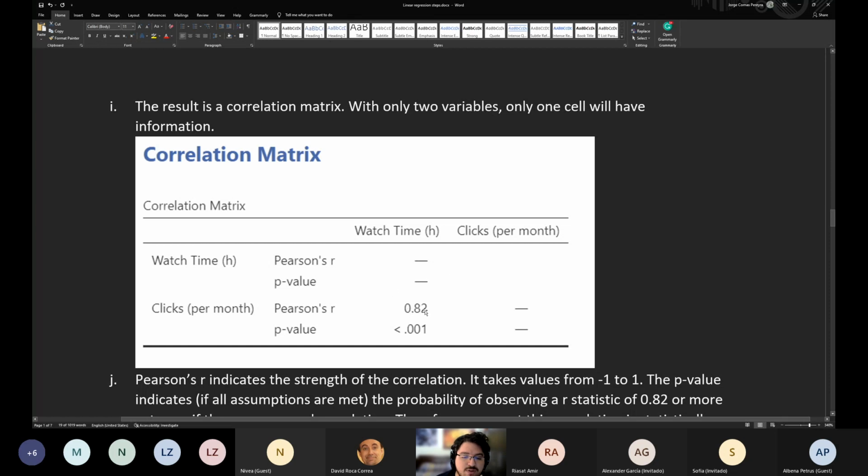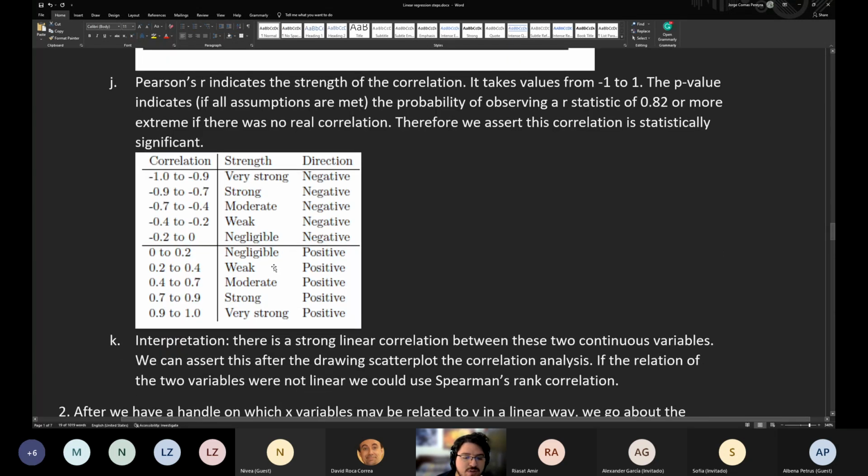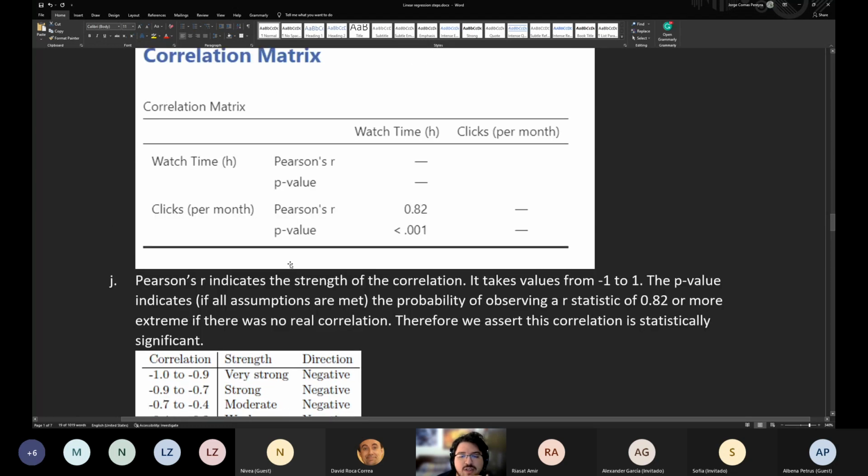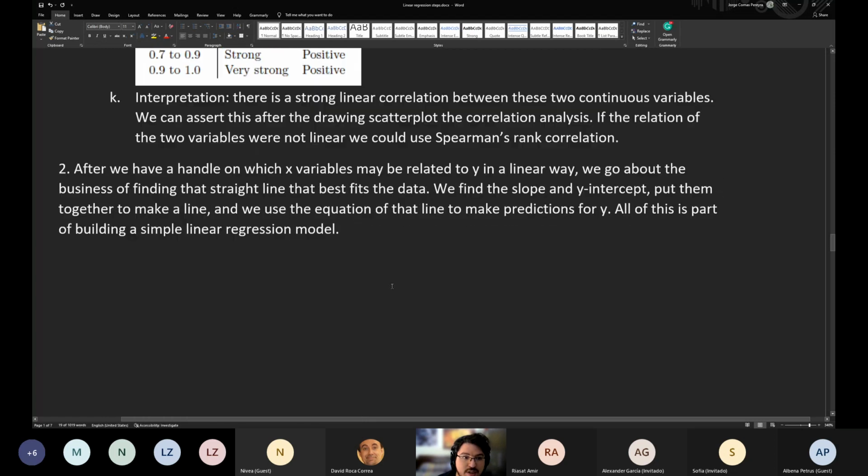Now, you have to see if that correlation is relevant at all and if it's significant. So these are a table for what are negligible, weak, moderate, strong, or very strong correlations, okay? But this is very subjective. And you see the value of the p-value, which is a measure of the statistical significance of your finding, which is a correlation.